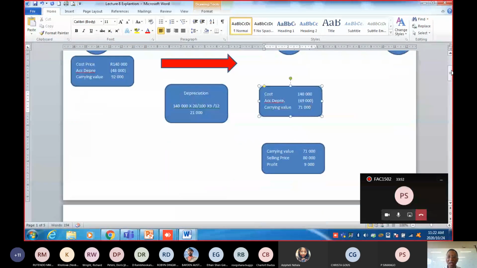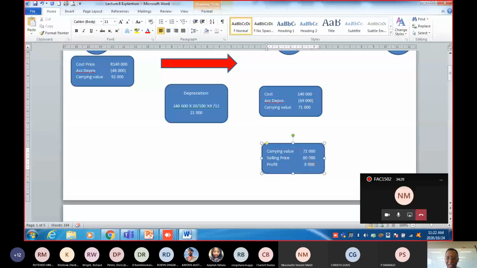So if you take a look at this asset now, you will see that the carrying value is 71,000. We are selling it at 80,000 Rand. Right, we start again. On the date of the asset realization, the carrying value is 71,000.